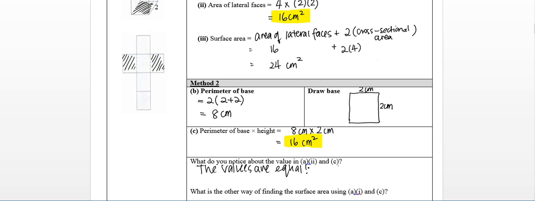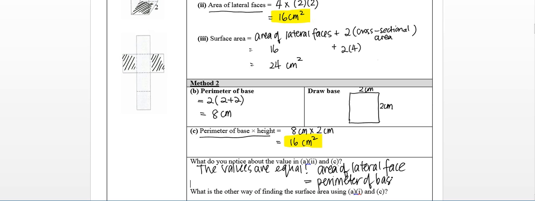And what does it therefore tell you? Therefore, it tells you that the area of the lateral faces can also be found by using perimeter of base times height. Perimeter of base times height.